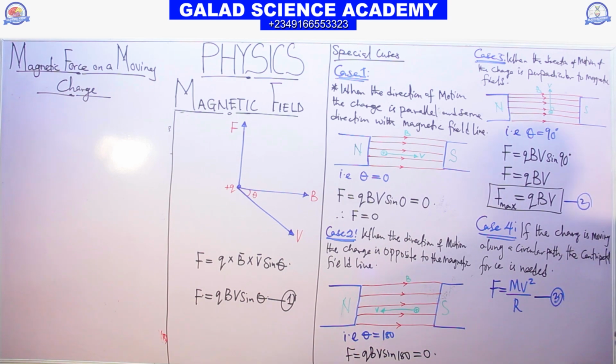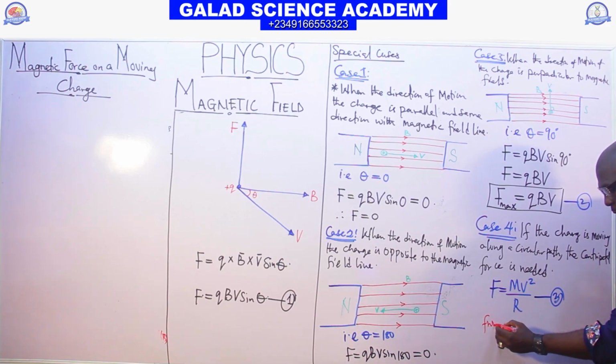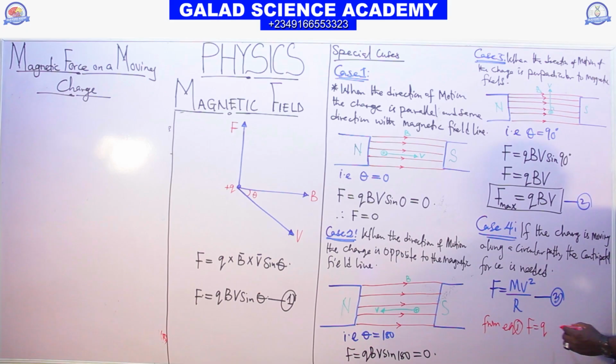Call this equation 3. You can now say from equation 1, where F equal to QBV, or from equation 2.